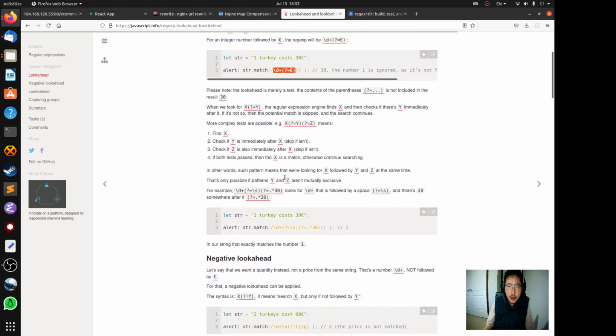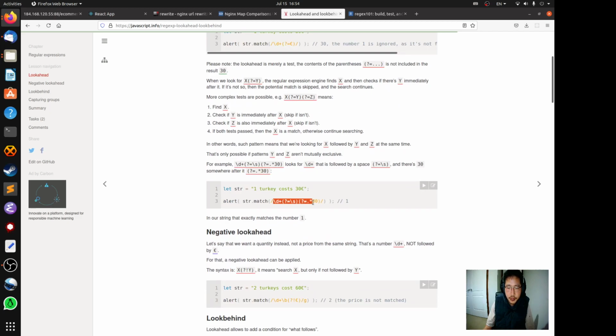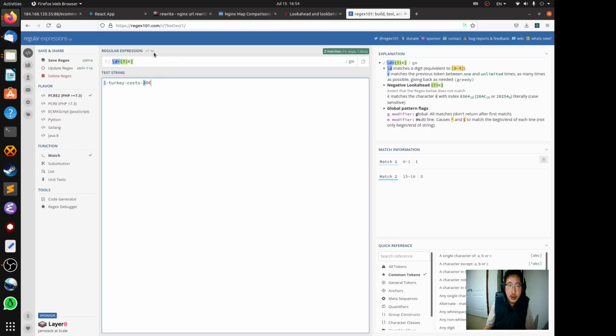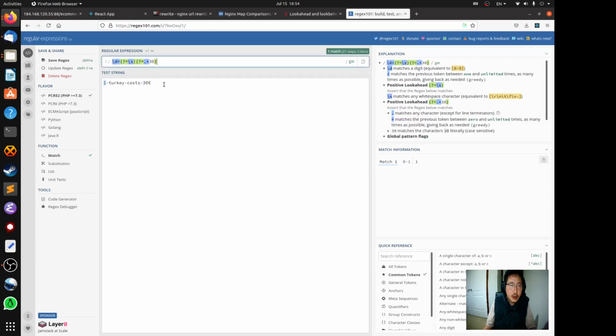Here is the next pattern. Okay, so it's matched 1. Why? Let's do it step by step again. It starts with one or more digits, so we got this here.